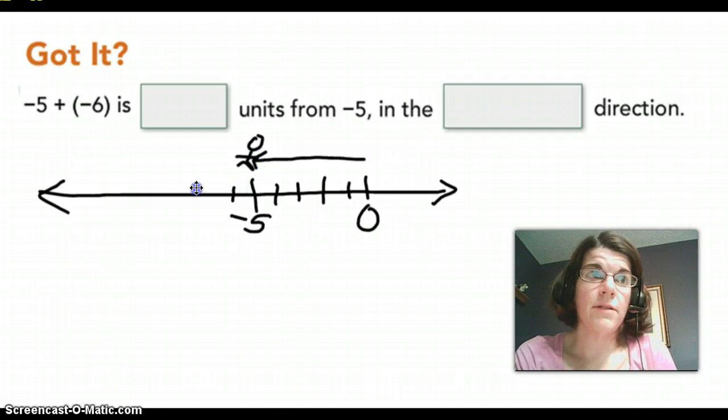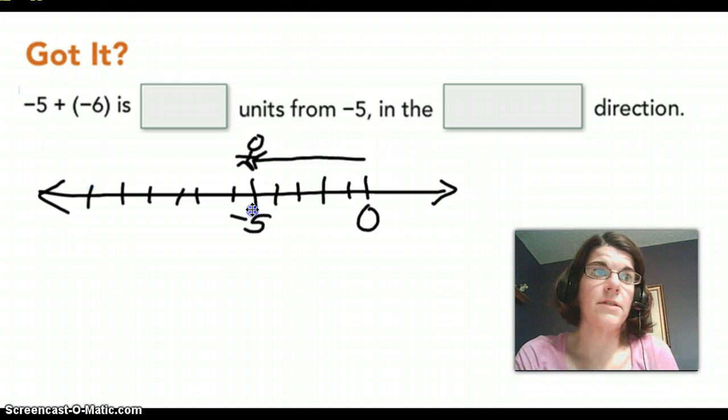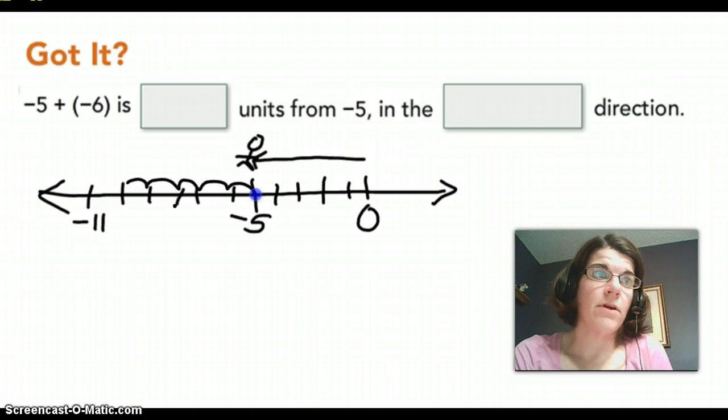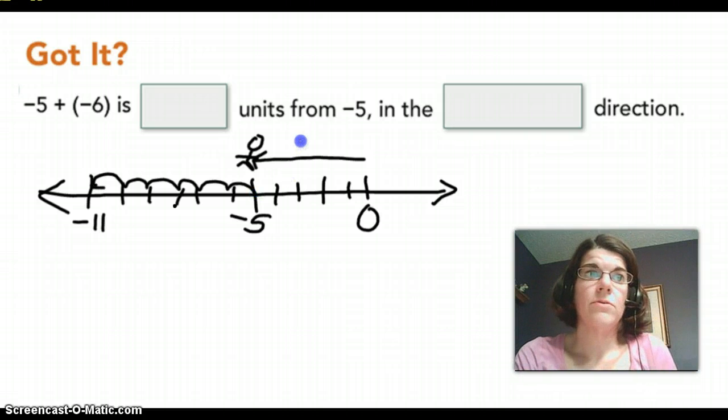So 1, 2, 3, 4, 5, 6. That's negative 6, negative 7, negative 8, negative 9, negative 10, negative 11. So this is negative 5 here.